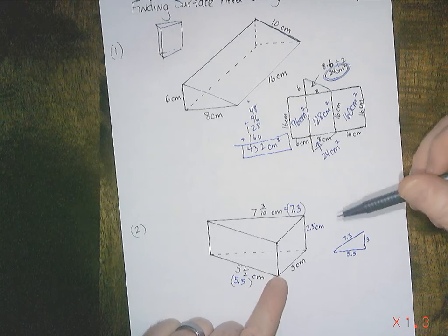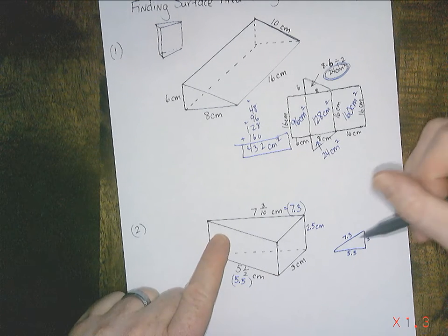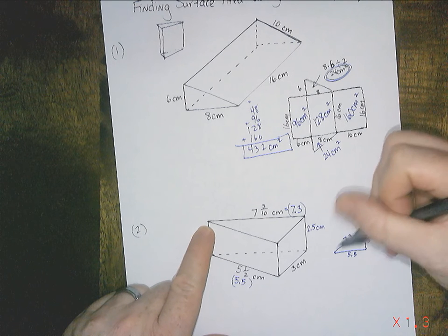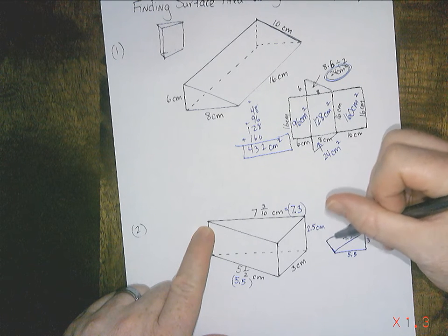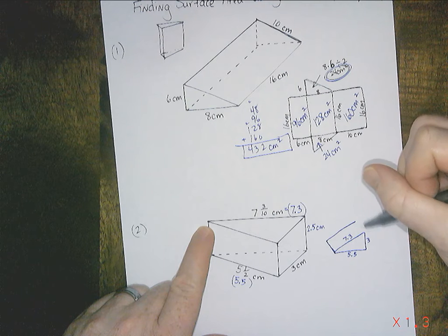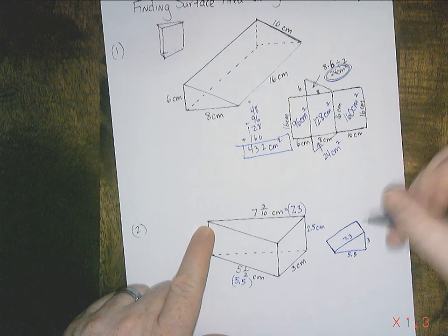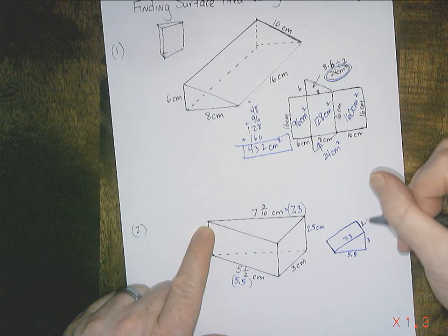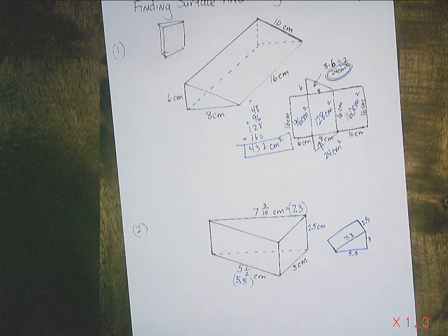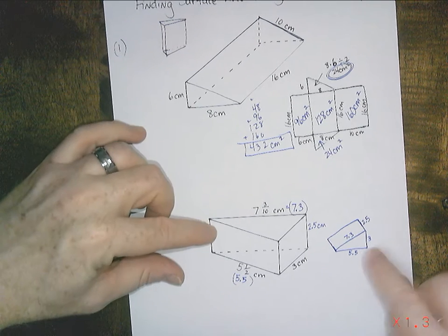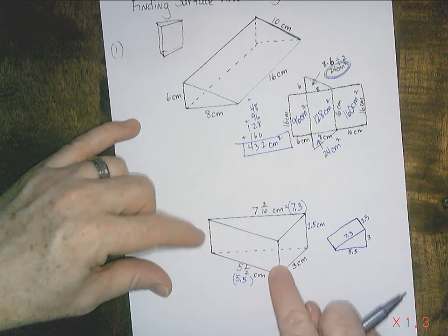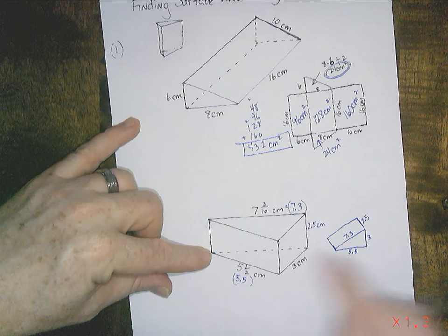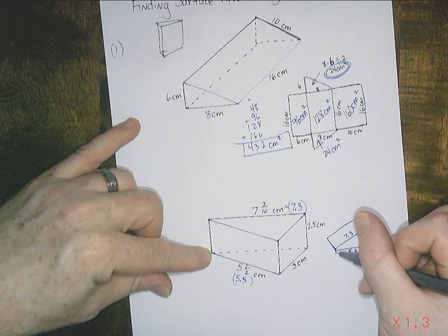So you've got this piece here. This is 7.3 times 2.5. And you've got this piece here. This is 5 1/2 by 2.5. So this is going to go right here.